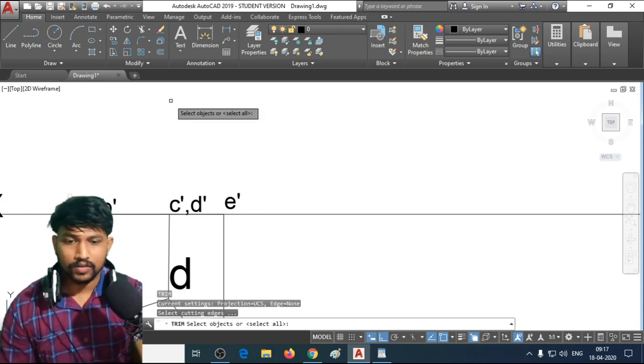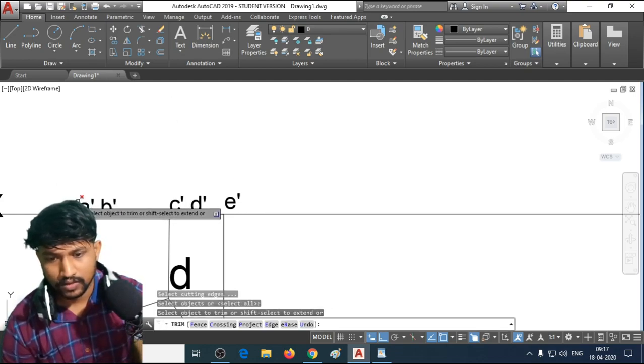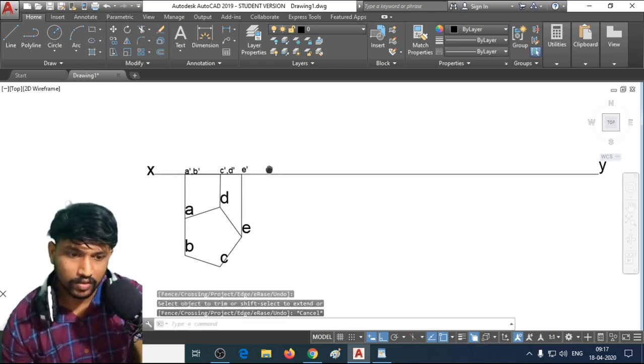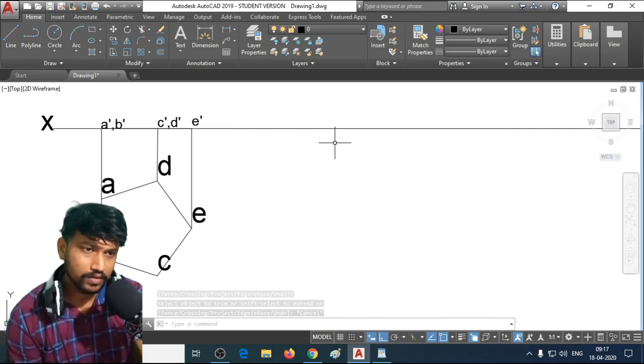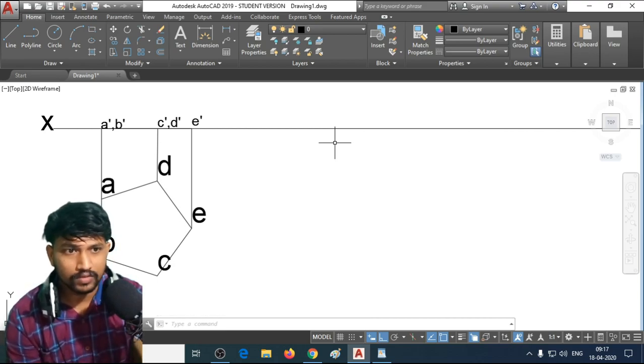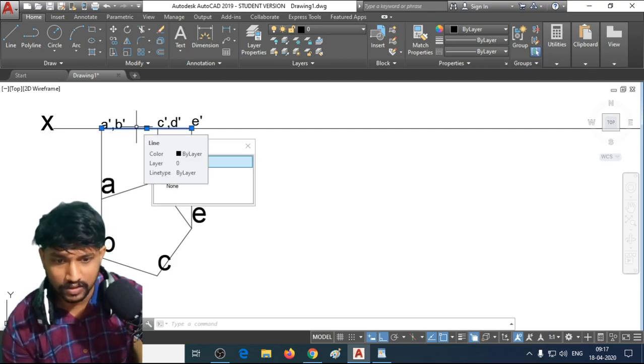Now what do we need to do? First we need to assume that, see here, I told you in the earlier classes also, if you get a straight line in the front view, whatever the angle that particular surface is making with the horizontal, take that first, then your problem will be very much easier.